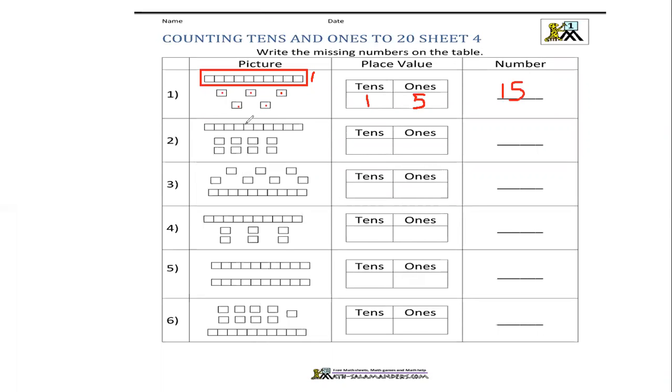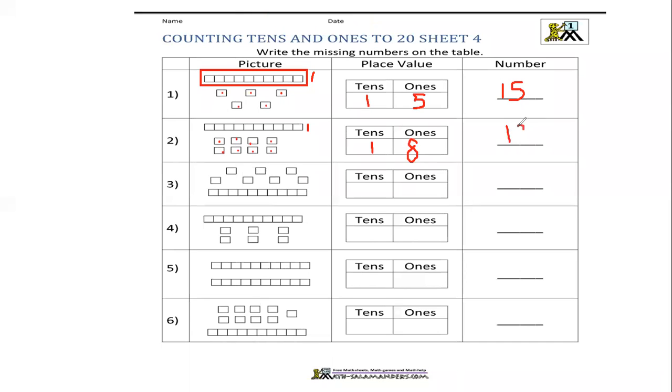Now, how many do I have here? Again, how many tens? How many models of tens do I have here? Yes, just one model of 10. So I'm going to take this as 1. And how many ones? 1, 2, 3, 4, 5, 6, 7, 8. So I have 8 ones.